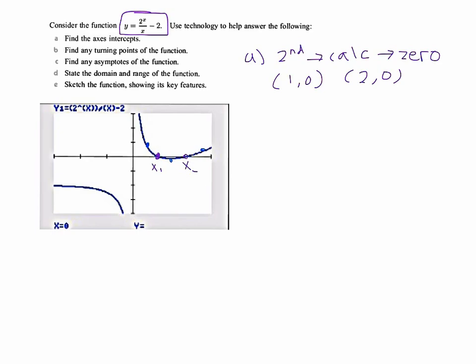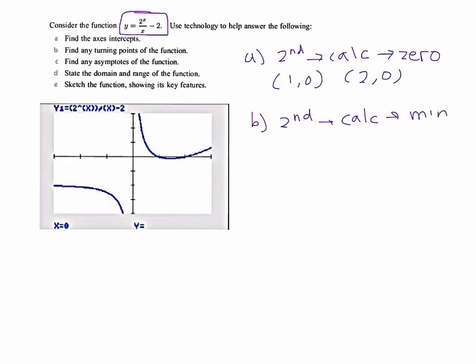B. Find any turning points of the function. When we say turning points, we are referring to the minimum or the maximums. So in this graph, we have a minimum. This time we're going to go second, calc, min.